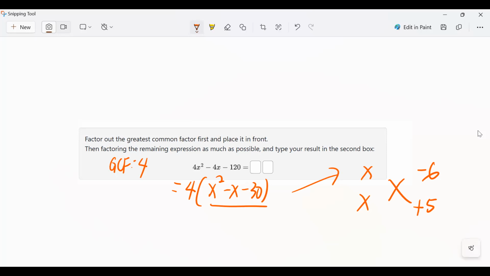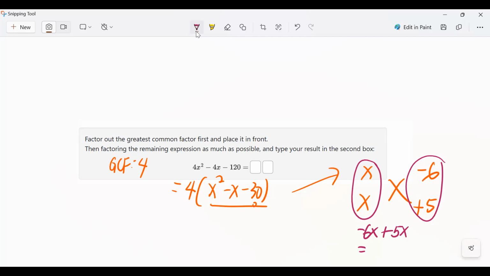-6 times 5 is -30. And then when you combine them, we end up with -1 x, -x. So that means all three terms are secured. So first term here, last term here, middle term we could double check. -6 times x is minus 6x, adding 5x.